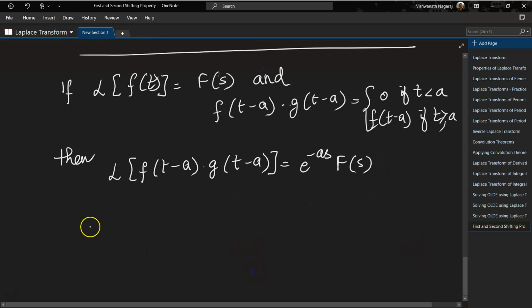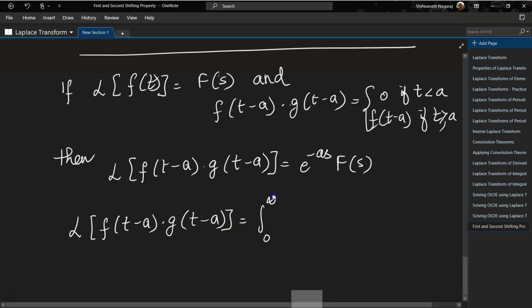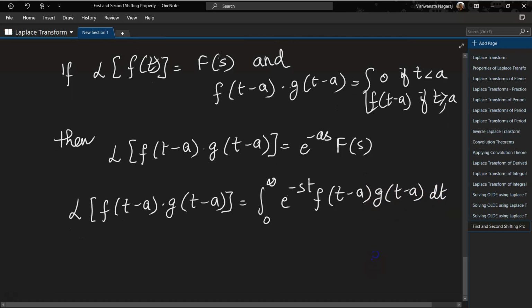So let's begin with the left hand side. Laplace of f of t minus a times g of t minus a is equal to integral of 0 to infinity of e to the power of minus st f of t minus a g of t minus a dt. This is based on the Laplace definition.